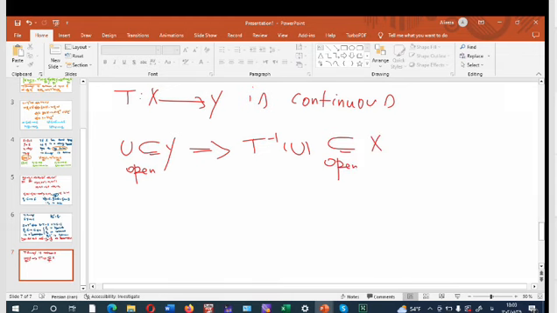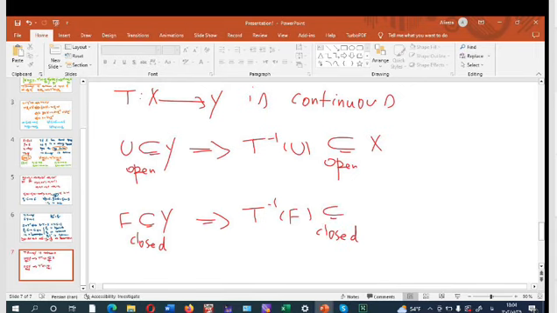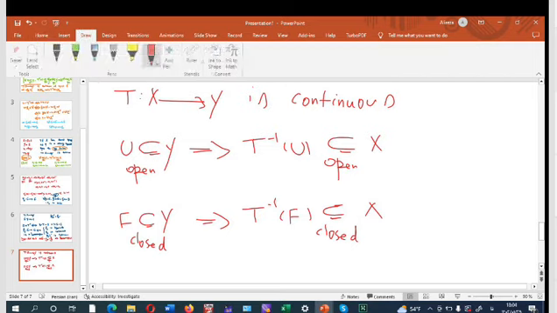and this is equal to: for any closed subset F of Y, the inverse image of F is a closed subset of X. These are equivalent, okay?